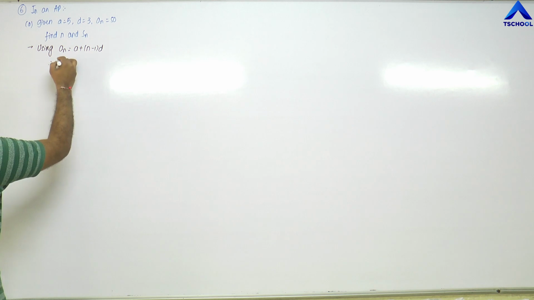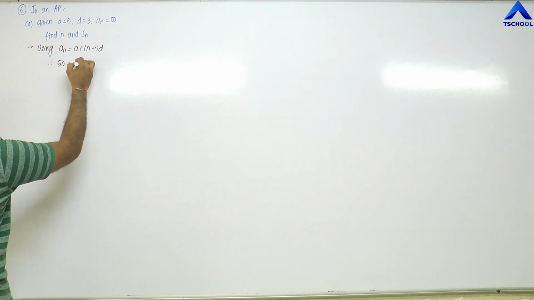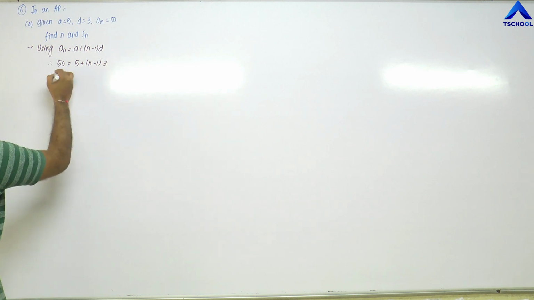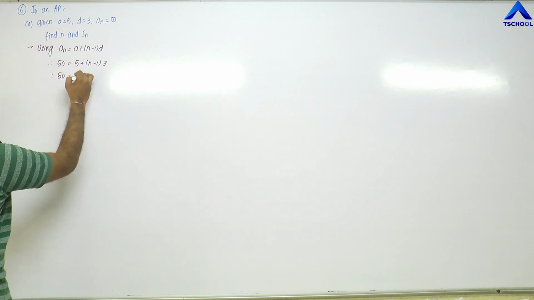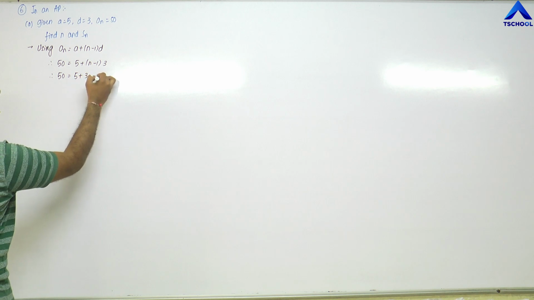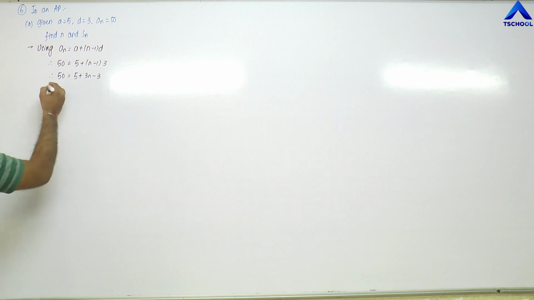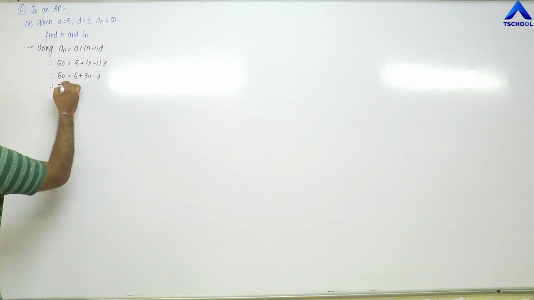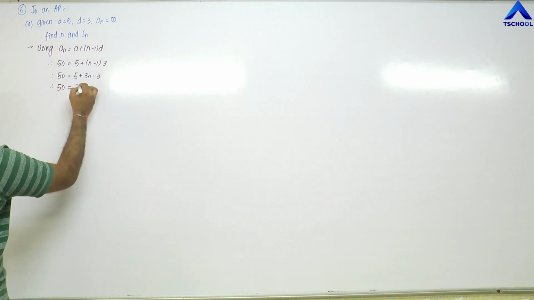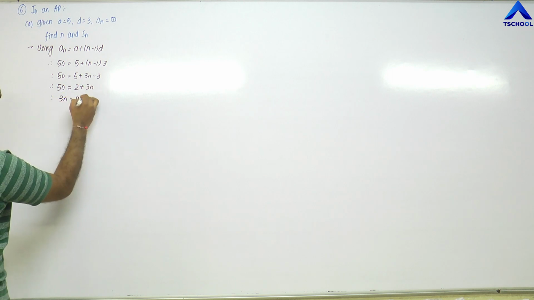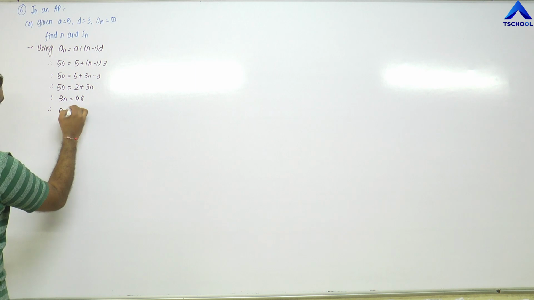Therefore 50 is equal to 5 plus n minus 1 into 3. Therefore 50 is equal to 5 plus 3n minus 3. What is 5 minus 3? 2, right? Therefore 50 equals 2 plus 3n. Therefore 3n is equal to 48, and hence n is equal to 16.